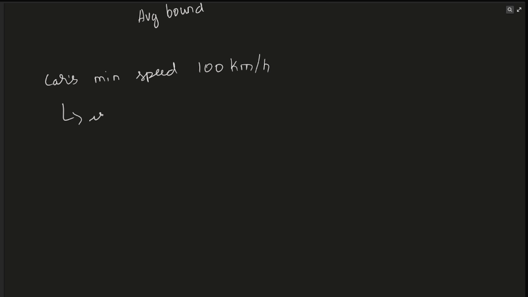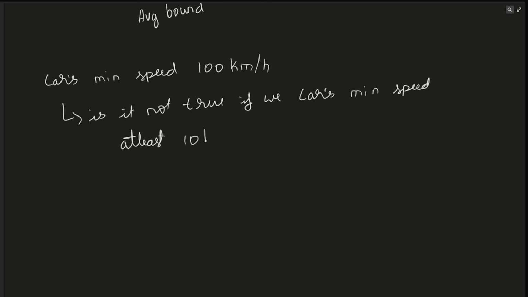Is it not true if we say the car's minimum speed is at least 10 kilometers per hour? Yes, this is true.